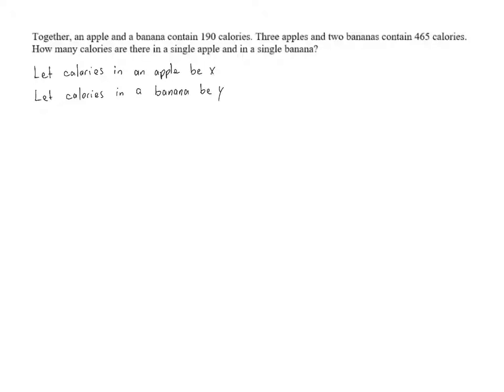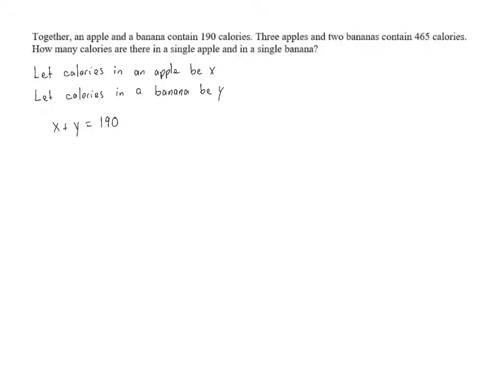We're told that an apple and banana contain 190 calories together. So if we add the calories in an apple plus the calories in a banana, we should get 190 in total. So we have x plus y equals 190. Then 3 apples and 2 bananas contain 465 calories.